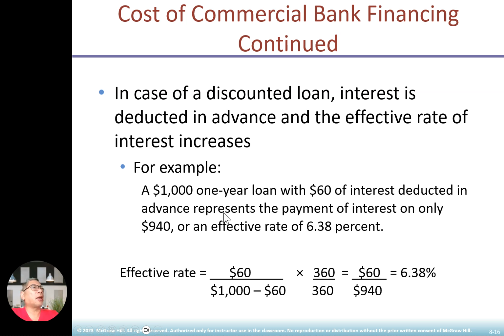Advance represents payment of principal and interest, only 940. Effective rate is 6.38%. 60 divided by 1,000 minus 60 times 360 divided by 360 for 1 year, which is about 60 divided by 940, you get 6.38. This is the typical calculation in terms of effective rate, okay?